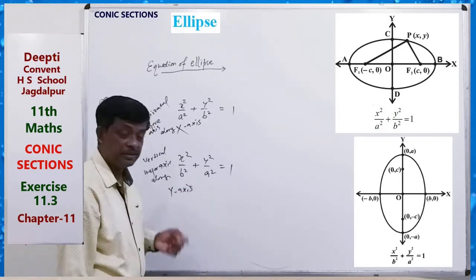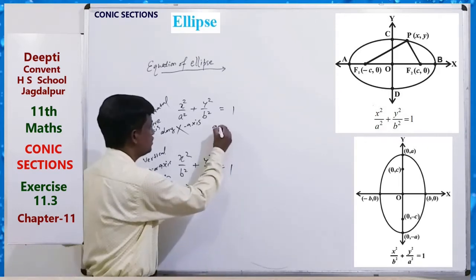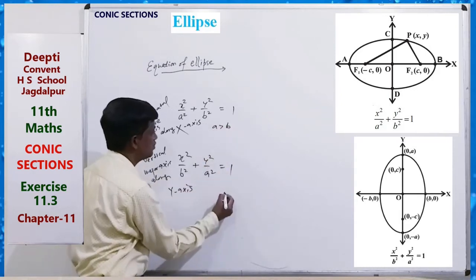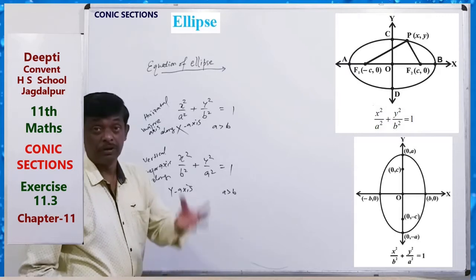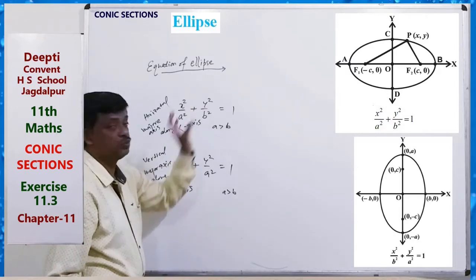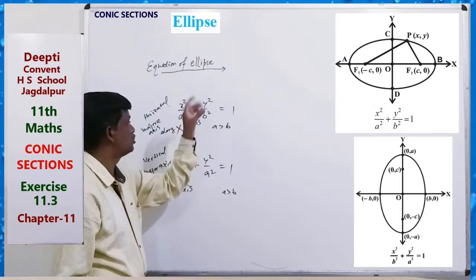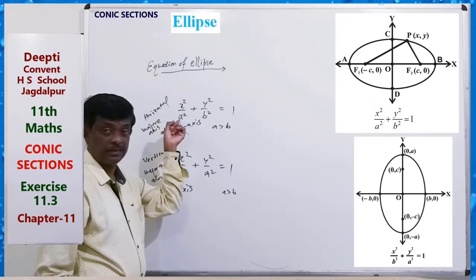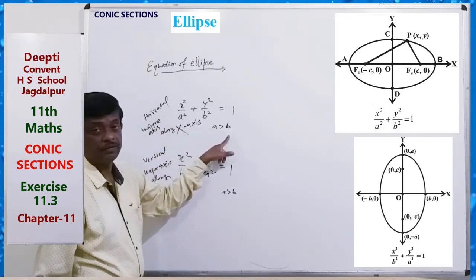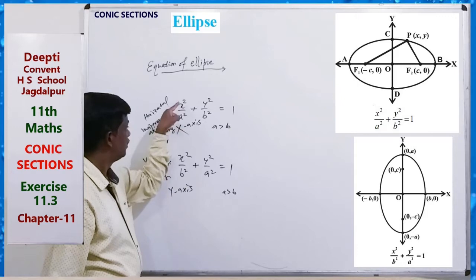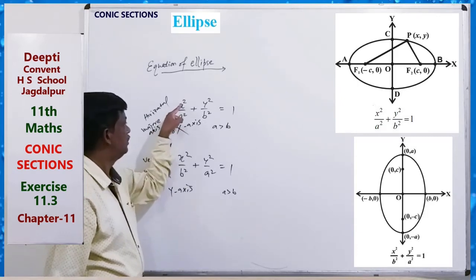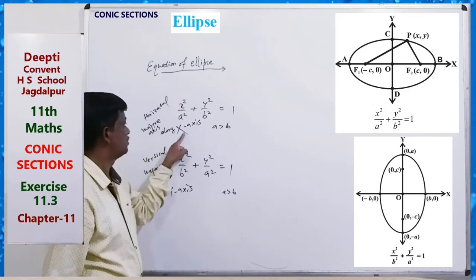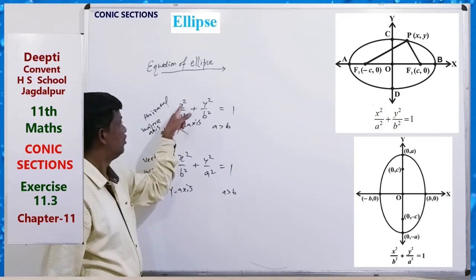That is, if the denominator here, a, is greater than b, here also a is greater than b. If the denominator of one of these two is greater than the other, then the major axis will be along the x axis.